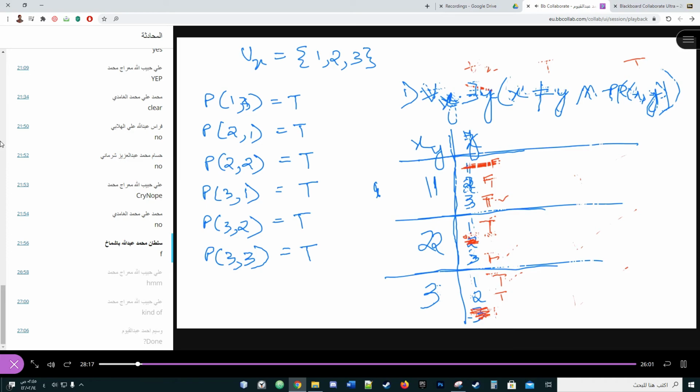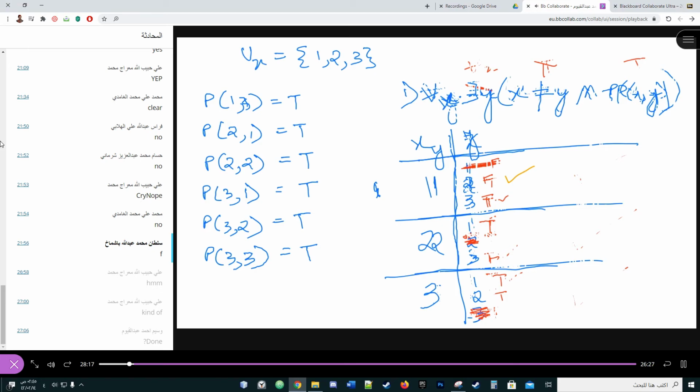So we have this. So this has to be true, and this has to be false. P of x y has to be false for this to be true. So for all x, there is at least one y for which it is false. So it's true in this case.